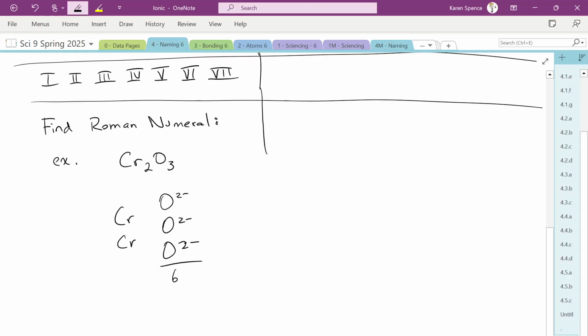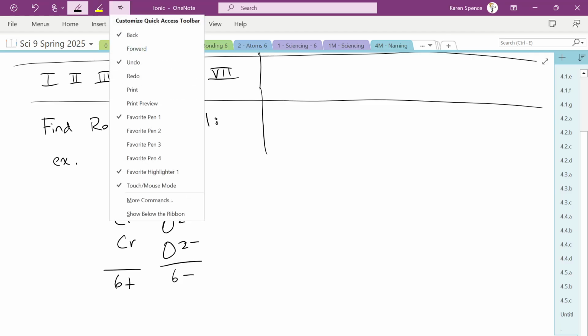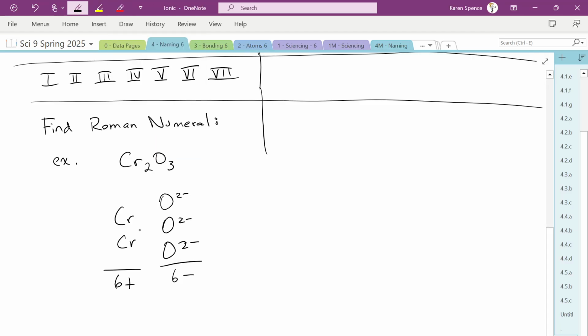So that means that this is 6 negative, which means that I must have 6 positive, which means that each of those 2 chromium have to be 3 plus. And so it would be chromium 3 oxide. Is that good?